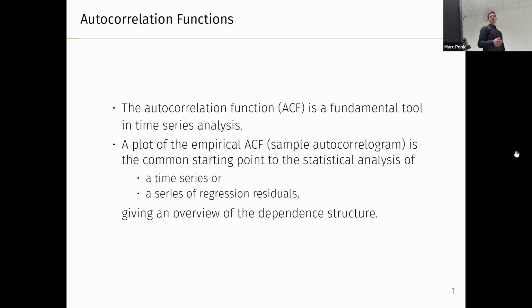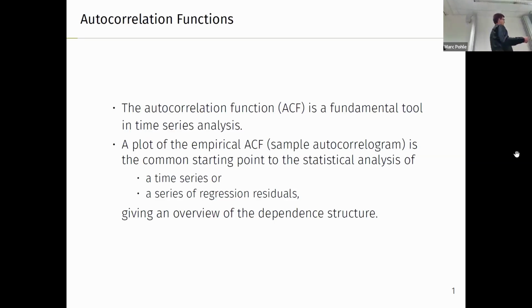So about autocorrelation functions. And as you probably all know, the autocorrelation function is a fundamental tool in time series analysis. And usually the first thing you do when you want to analyze a time series is you look at the plot of the empirical autocorrelation function, or the sample autocorrelogram, as it's called.